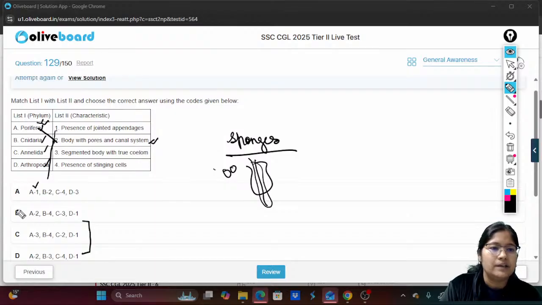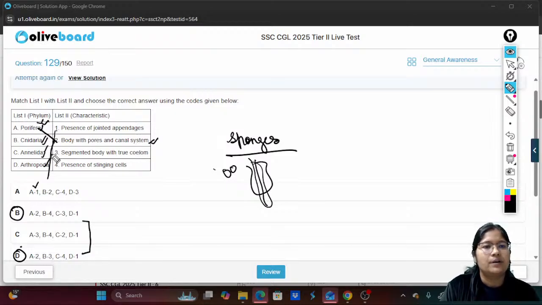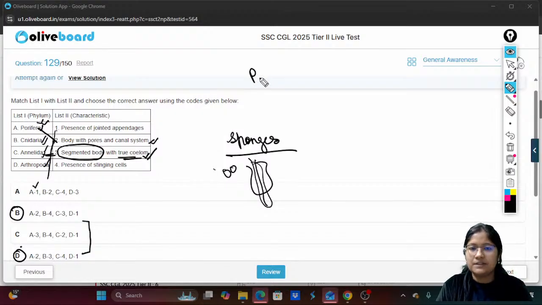Now we have either B or D. Right? Now let us see for Cnidaria and Annelida. Now if you look at Annelida, then here the segmented body starts with a true coelom, right? We study Platyhelminthes, flatworm. Then we study roundworm. Then we study earthworm, from where the segmented body starts.